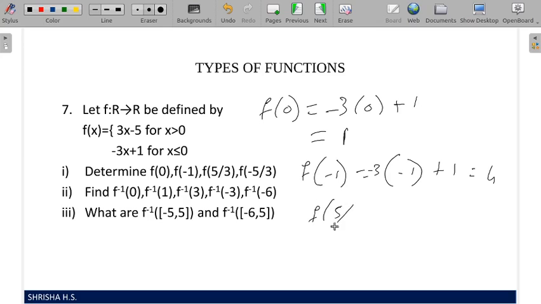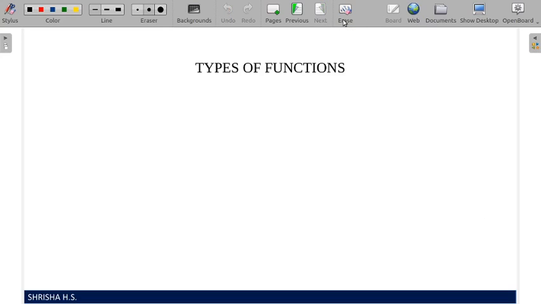f of 5 by 3, it's positive, x is greater than 0, so we can use 3x minus 5: 3 into 5 by 3 minus 5, 5 minus 5 is 0. And also f of minus 5 by 3, it's a negative number.